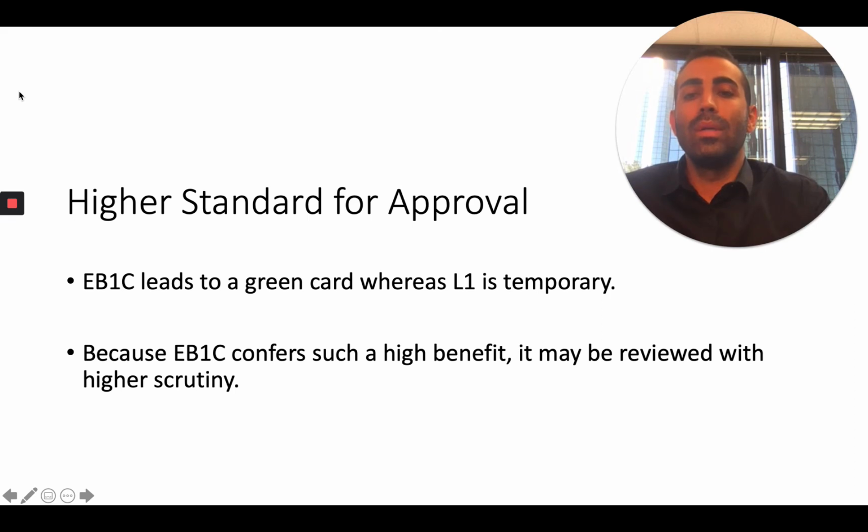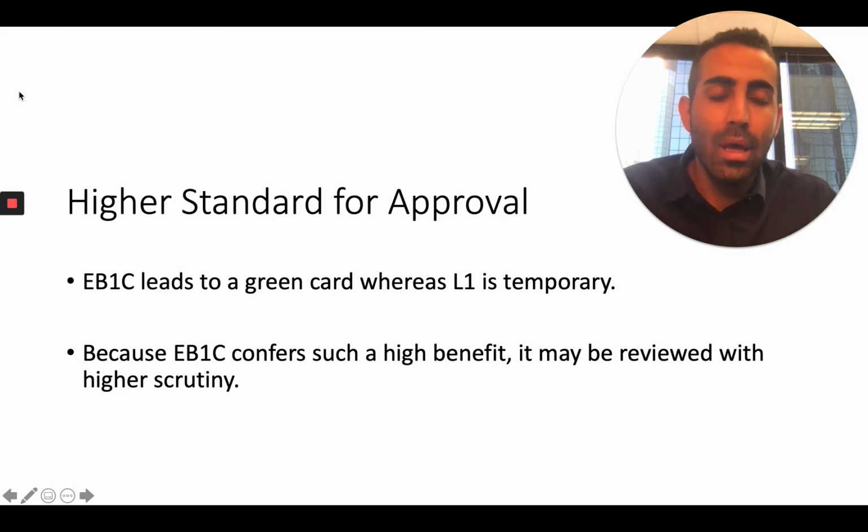Because the EB1C confers such a high benefit, it may be reviewed with higher scrutiny. If you're meeting the L1 requirements, it doesn't necessarily guarantee that you've satisfied the EB1C requirements.